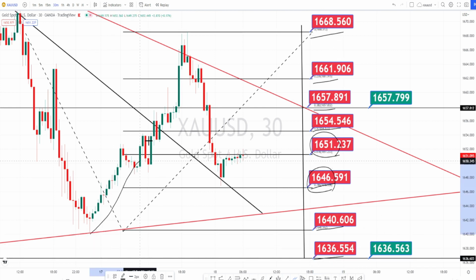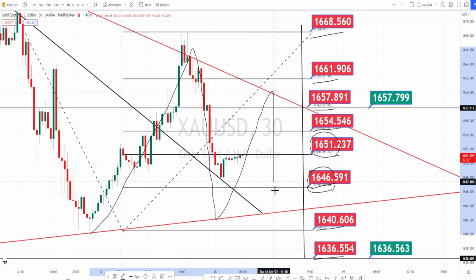And current trend of the price action in 30 minutes time frame is also under a consolidation within this resistance and support line from the 4 hours time frame.